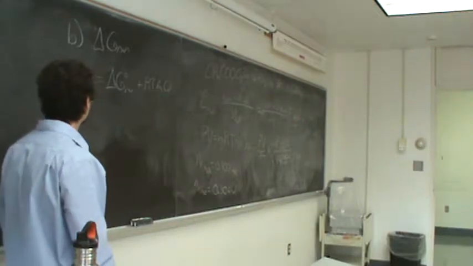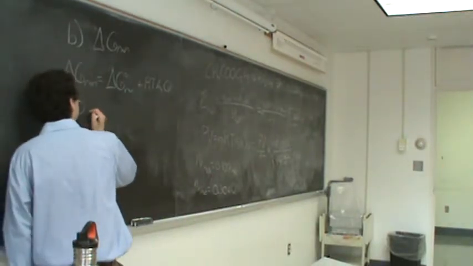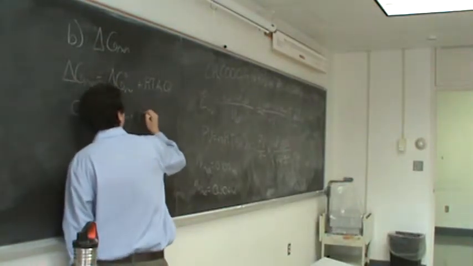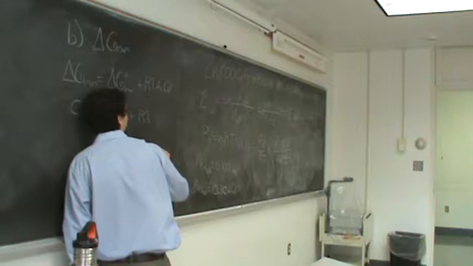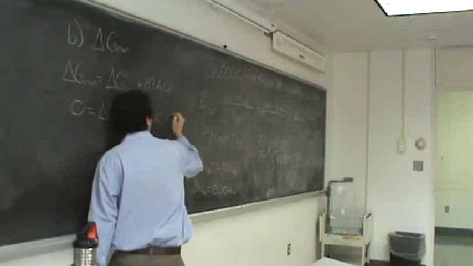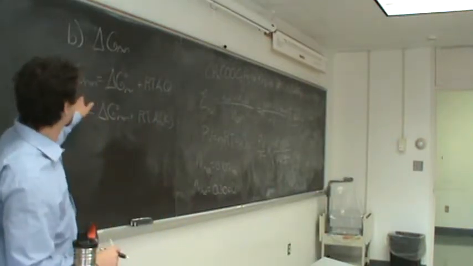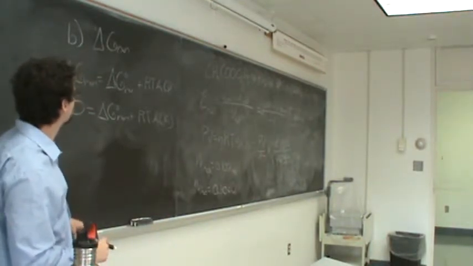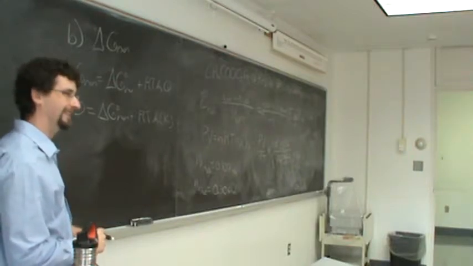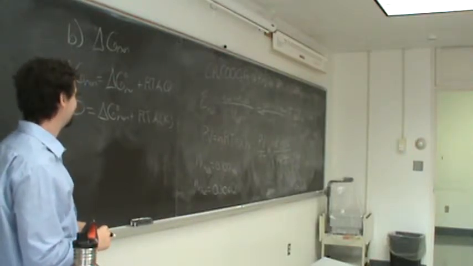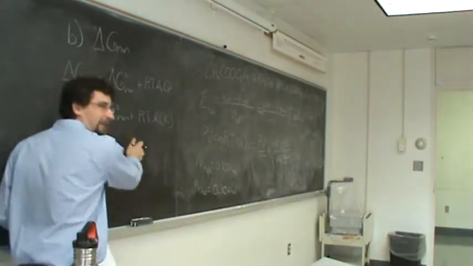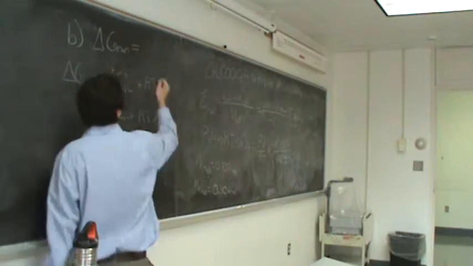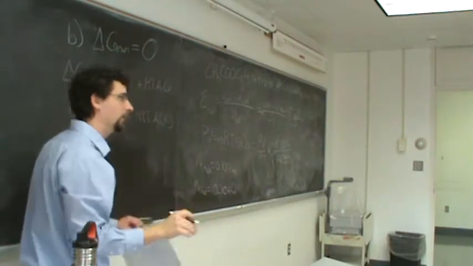The delta G reaction just changes to 0. Delta G naught is this, and Q becomes K in that case. So what is our delta G reaction at equilibrium? It's just 0, because we're at equilibrium, right?